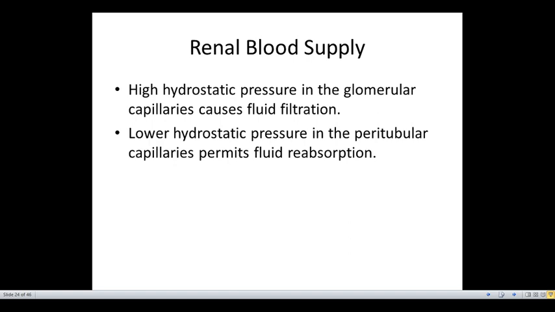So, roughly saying, filtered plasma in the glomerular capillaries enters the nephrons and it leaves the nephrons by reabsorption into peritubular capillaries.